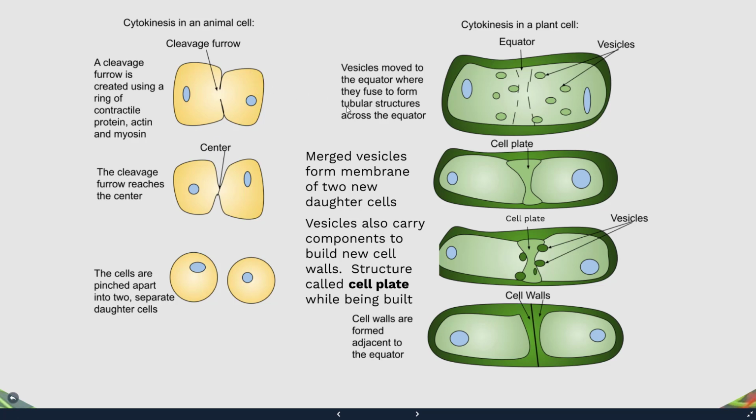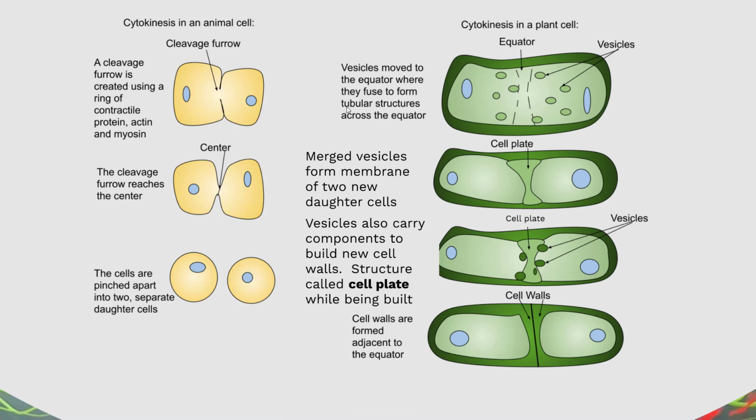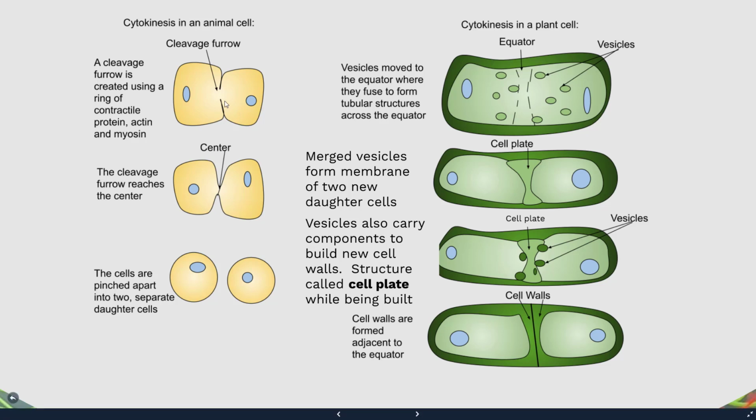The animal cell just pinches itself in half. Now, the way that the animal cell pinches itself in half is it has, if you can imagine, a belt of cytoskeleton called microfilaments. So microfilaments are another type of cytoskeleton, different from microtubules. We get a little belt of microfilaments that goes around the inner circumference of the cell.